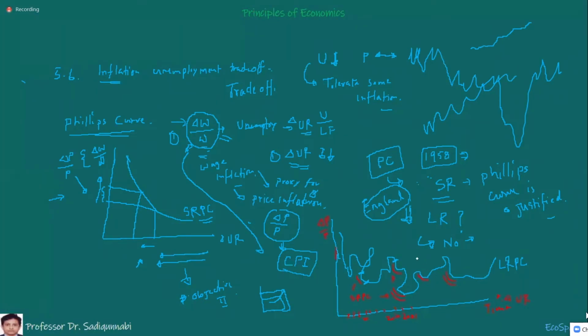Now a question arises: why? Why is it not justified? To answer why, we need to use a special kind of inflation definition, and this special rate is called NAIRU, non-accelerated inflation rate of unemployment.